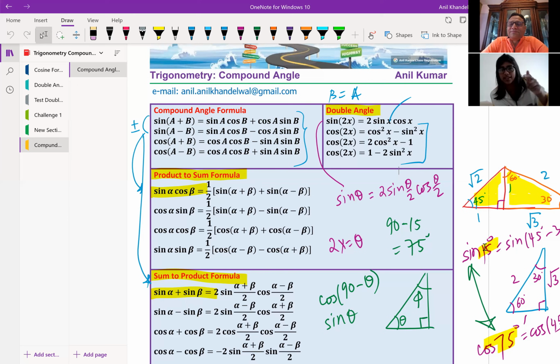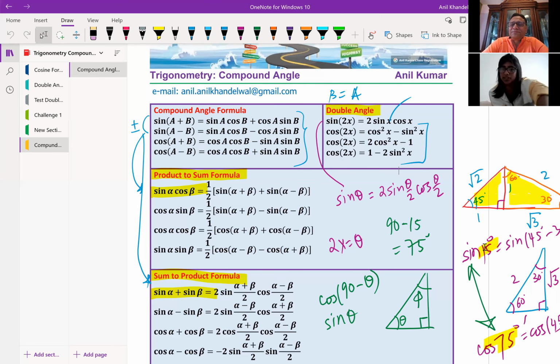Like Sir said, with the compound angles, you can either add or subtract those values, and when you do that, you get either the product to sum formulas or the sum to product formulas.